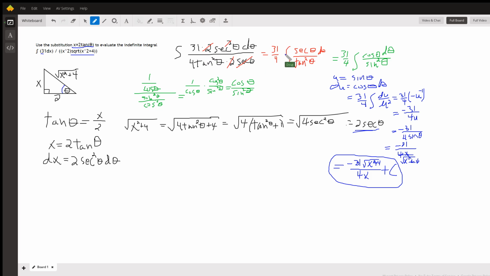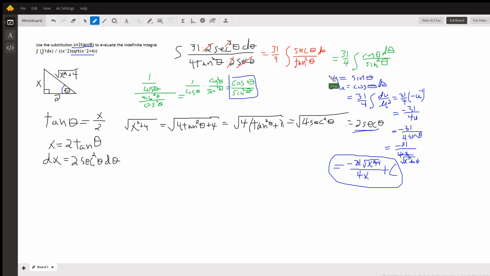We've got secant theta over tangent squared theta. We can use trigonometric identities to rewrite secant as 1 over cosine, and tangent squared is sine squared over cosine squared, which gives us this. So we've got 31/4 times the indefinite integral of cosine theta d theta over sine squared theta.